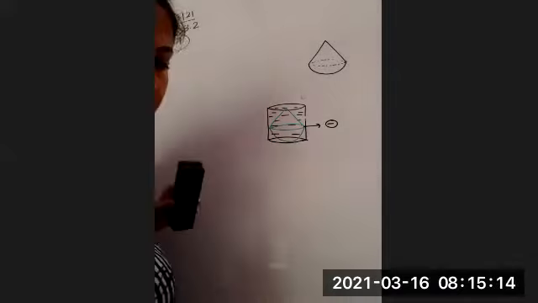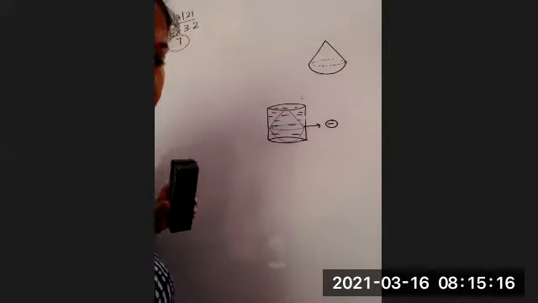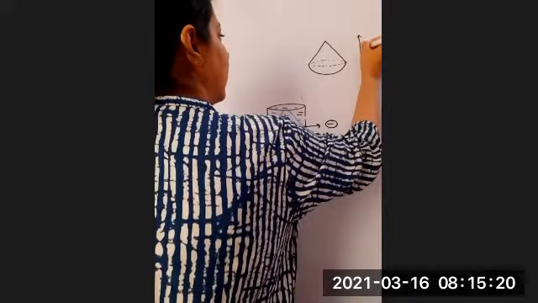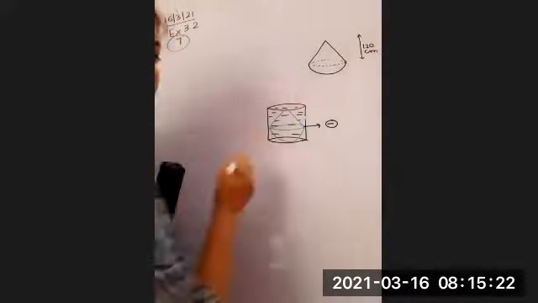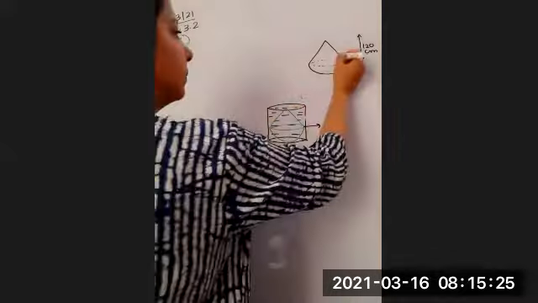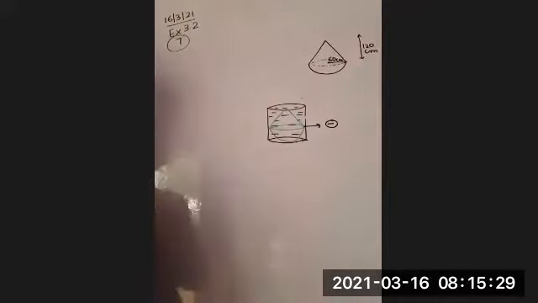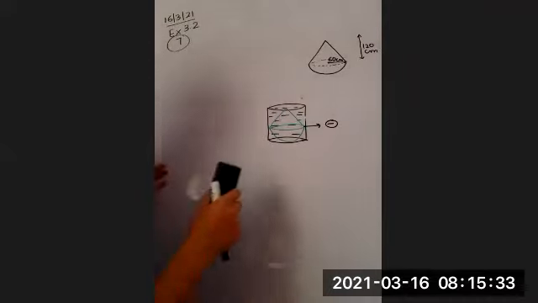What is the height of the cone given to us? 120 centimeter. What is the radius given? 60 centimeter. And what is the radius of the cylinder given to us? That also is 60.